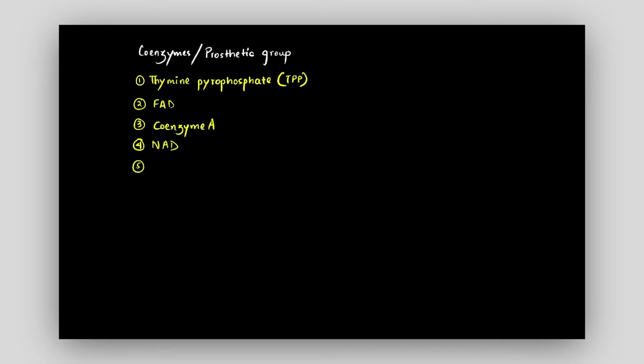And finally, the fifth one is riboflavin. Right. So these are the different coenzymes that are required by PDH, or pyruvate dehydrogenase complex, in order to work properly, in order to convert pyruvate into acetyl CoA.